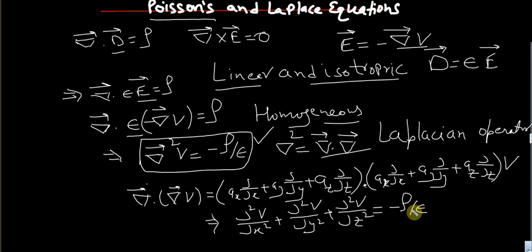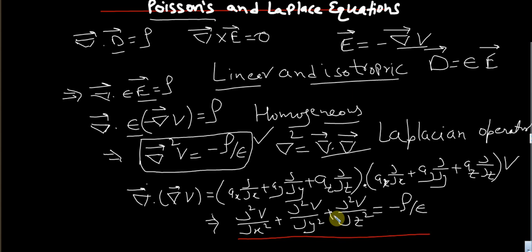So this is the Poisson equation. We can write this del square in the cylindrical or spherical coordinate system, but for the time being I'm not considering those.